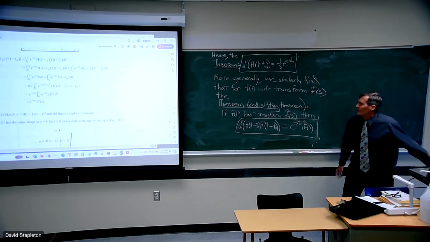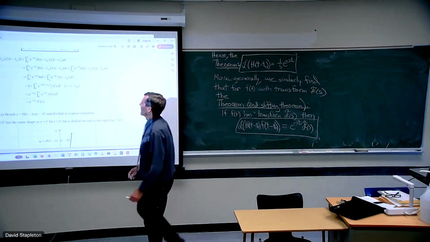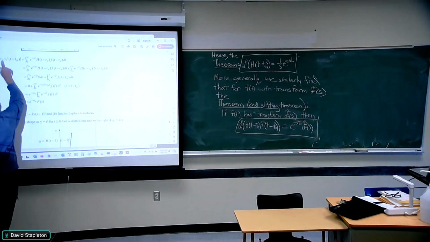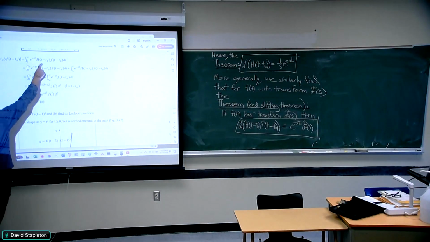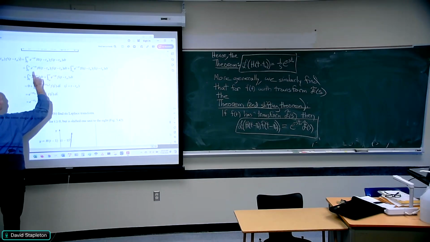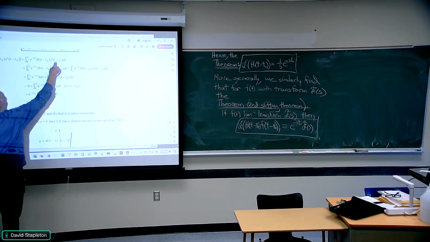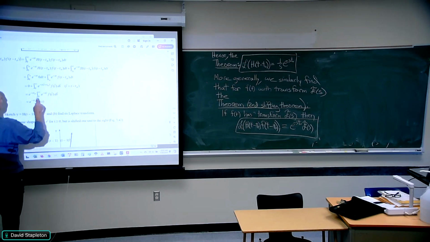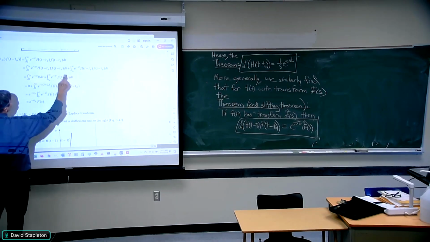And here's the proof. You want to see the proof just real quick. Laplace transform of h times a function that has a Laplace transform. You just do the same thing we did there. It's the integral of e to minus st times that. And then you break it up in two parts, from 0 to t naught and t naught to infinity, just like we did when we had 1 in here instead of the general f. The first integral is the integral of 0 because the Heaviside step function is 0 on this interval, just like over there.